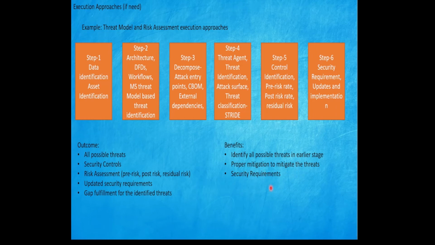So these are all the benefits we get when we do the threat model and risk assessment. This is the high level input. When I explain the threat model in a separate section, I will deep dive into each step and give more explanation there. So whenever we get any request to provide execution approaches, we can provide these sorts of inputs. And this is the threat model and risk assessment execution approach.